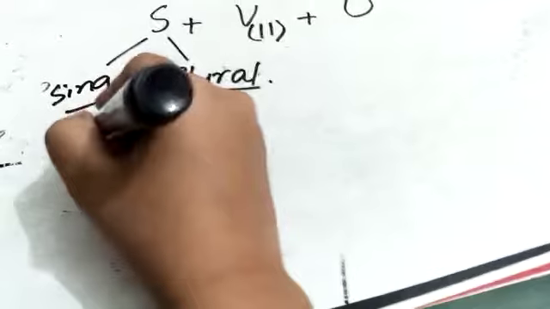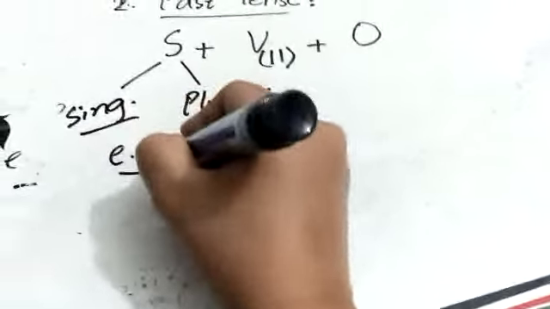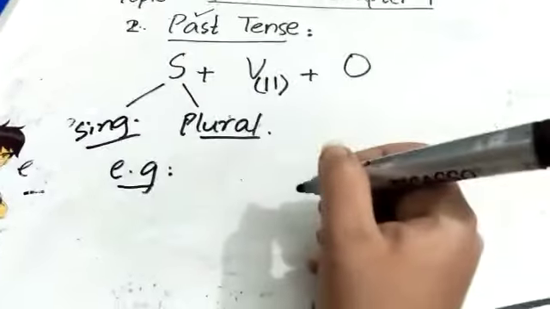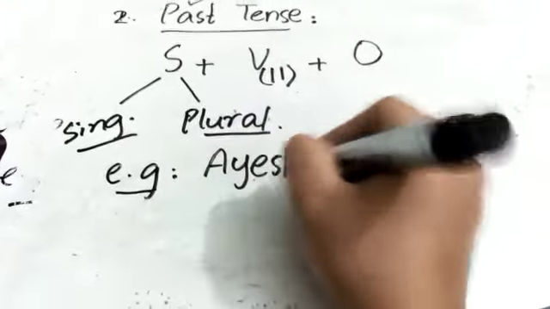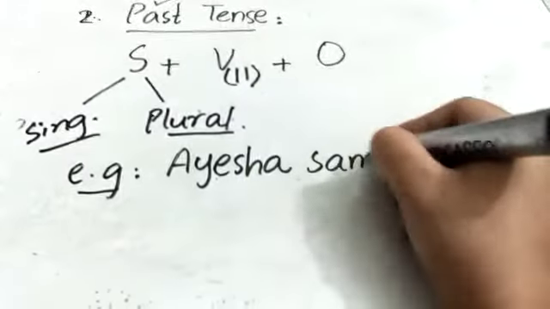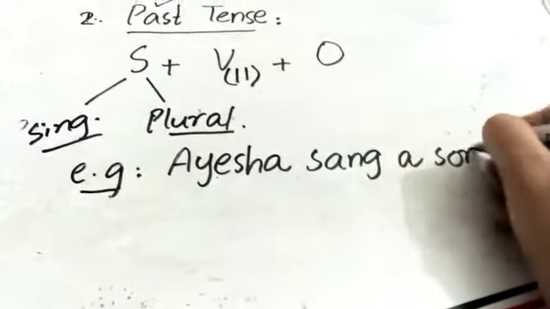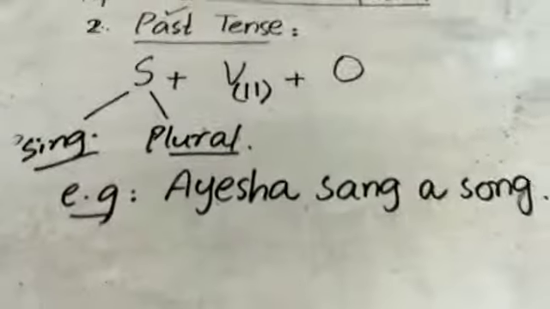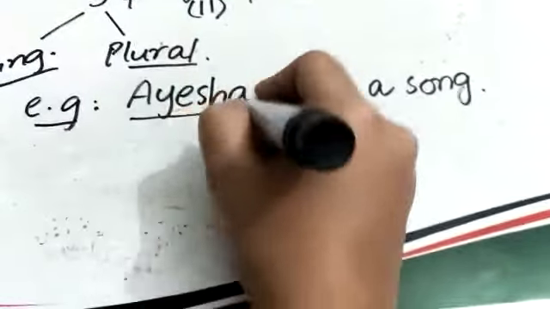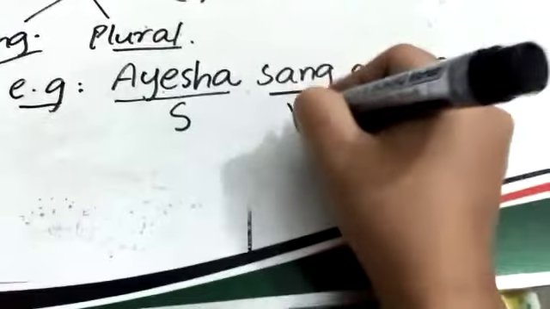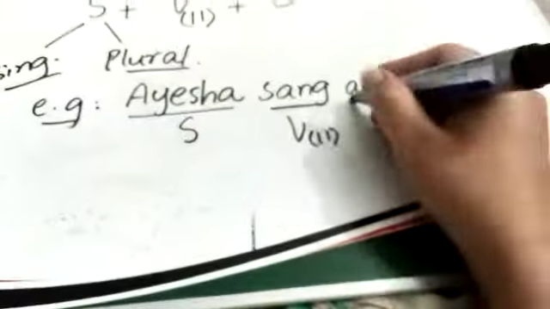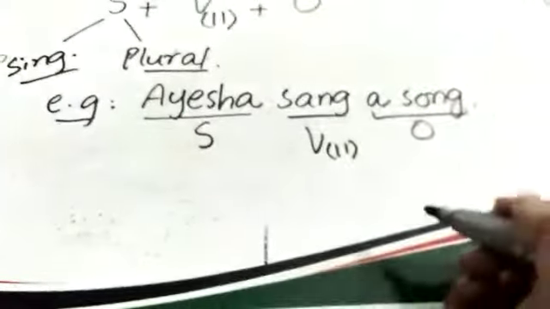Let me give you an example. If your subject is singular for the past tense, for example, Aisha sang a song. Aisha is a subject which is singular, one person alone, and she is singular. Sang is the verb second form, used because this is a past tense, and song is your object.